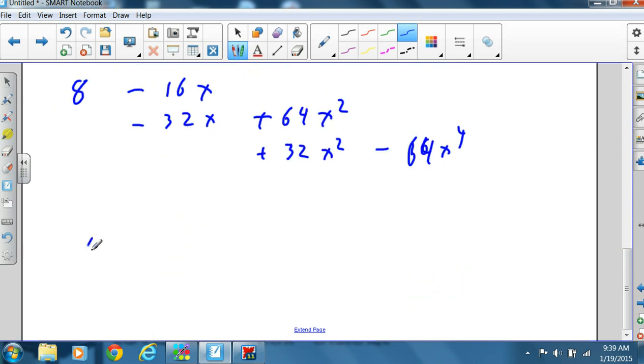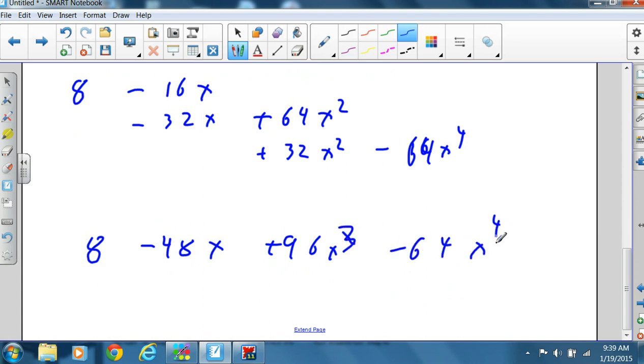All right, so I've got 8 minus 48x plus 96x squared minus 64, that's a cube, x to the fourth, which is exactly what I got the other way, but we don't know those other ways yet until we get further out in the book.